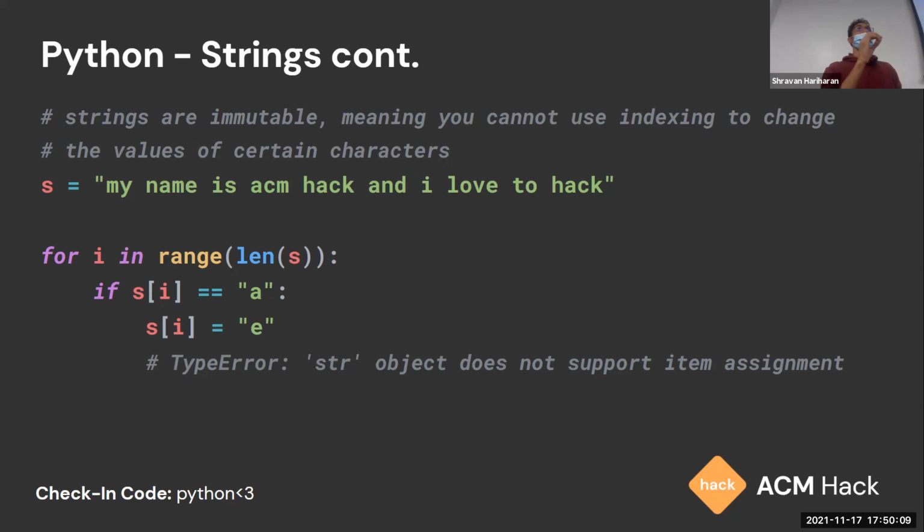We cannot change all the A's to E's. This loop is iterating and checking if it's an A and setting it to E. We cannot do that because strings are immutable in Python, so we can't change the internals of the string, like change individual characters. So that's a note on immutability.